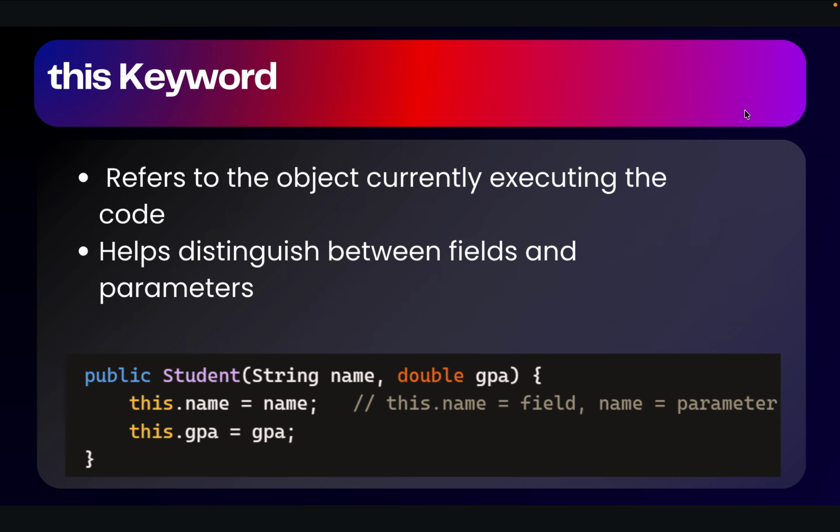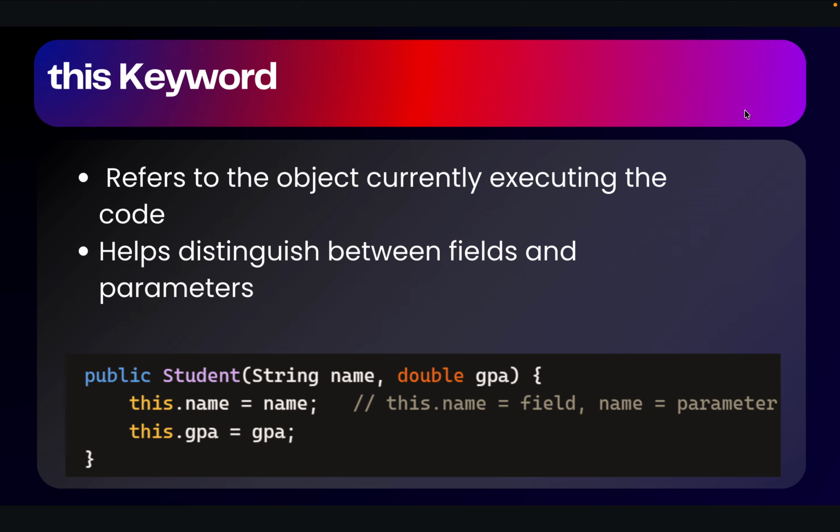So if you take a look at this example, we have a constructor that takes in the name and the GPA. But remember, our instance fields, or our fields that we had in our code, actually were named name and GPA. So it can be confusing if inside of the constructor you're saying we're going to set this name to this name. When you say name equals name, you may get confused which one you're referring to. So in this case, this.name is going to equal the field and name is going to equal the parameter.